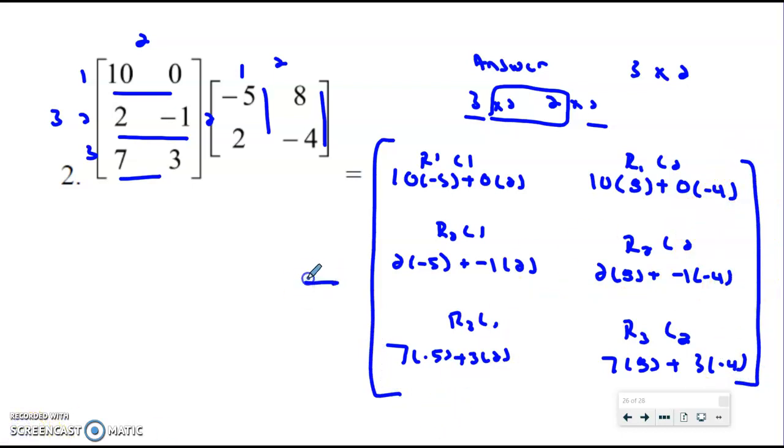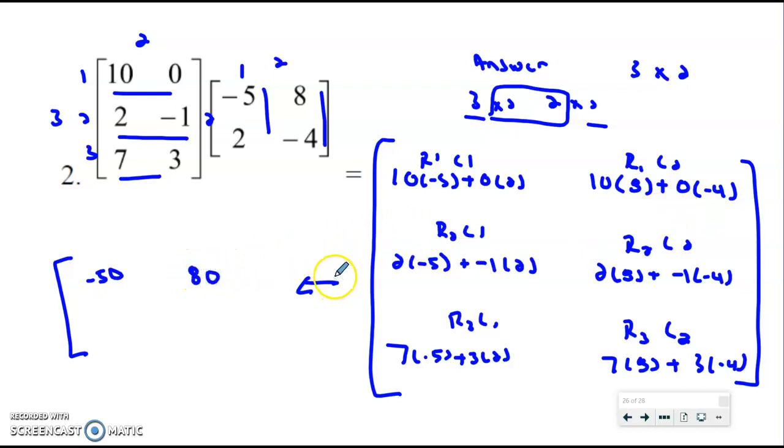In order to get the final answer, if I perform all those operations, for that first entry I should have gotten negative 50: 10 times negative 5 plus 0 times 2. For 10 times 8 and 0 times negative 4, you should get 80.